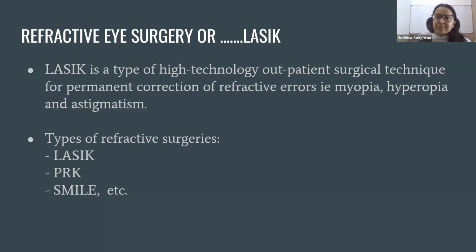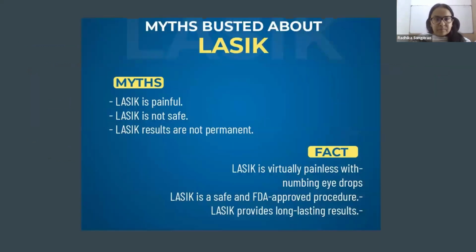There are different types of refractive surgery, and LASIK is one type. Other refractive surgeries, you'll hear names like PRK, SMILE, SILK, etc. These are just short forms of different kinds of procedures that are used to treat the refractive error depending on the condition of your eye.